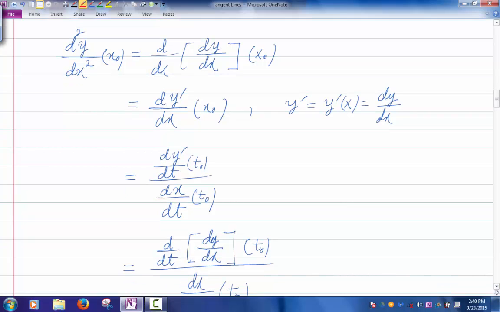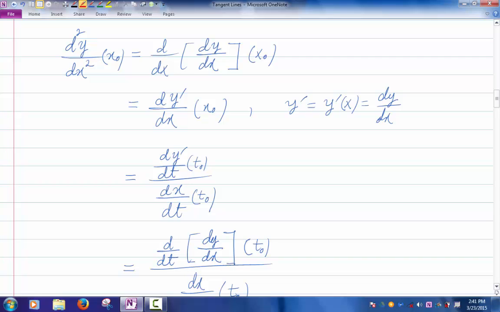The second derivative at x naught will be, of course, the derivative of the derivative evaluated at x naught, right? So you take the derivative of the derivative dy dx at x naught at the end. I'm going to rewrite d dx of dy dx as d dx of y prime, d dx of y prime at x naught.